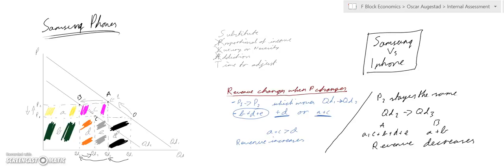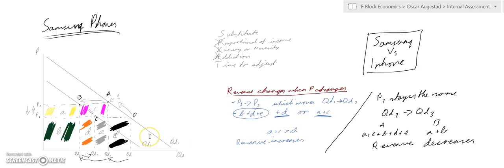Samsung will then lower their price back to price 1, so they can gain new revenue boxes because they want it to be closest to where the PED is 1, which is at the point C. Here they gain D, which is bigger than A, so they get B and D, which is a bigger amount of revenue than they had at point B before.